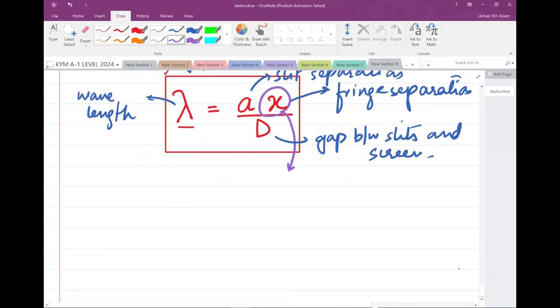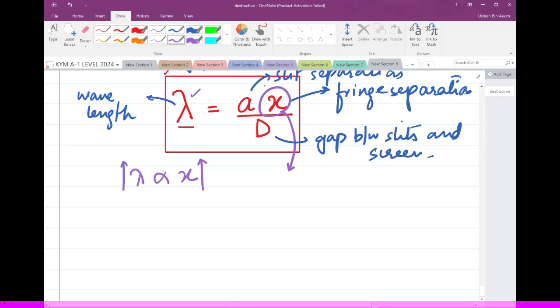From this equation, lambda is directly proportional to x. That means if I want a bigger fringe separation, if I want the fringes to be more separated, I need to use a bigger wavelength. Lambda and x are both present in numerators, but on opposite sides of the equation.